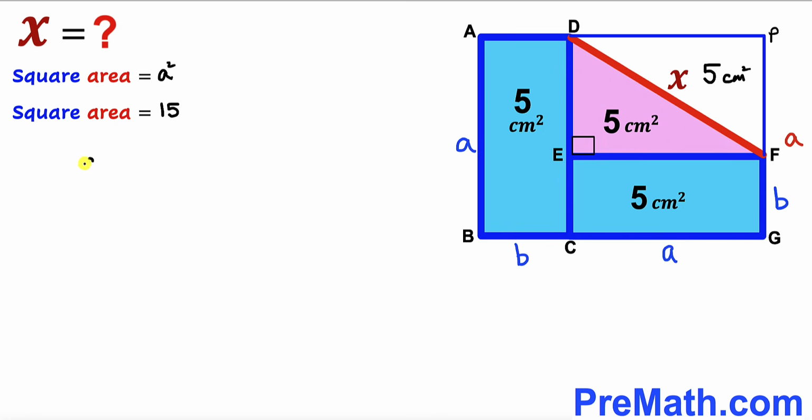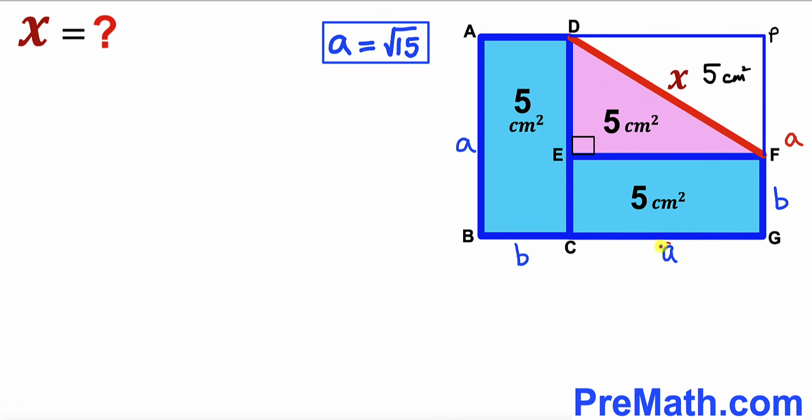So we can write a square is equal to 15. Now I'm going to undo this square by taking the square root on both sides. Therefore, our lowercase a value is going to be equal to the square root of 15. Thus, this lowercase a value turns out to be the square root of 15.